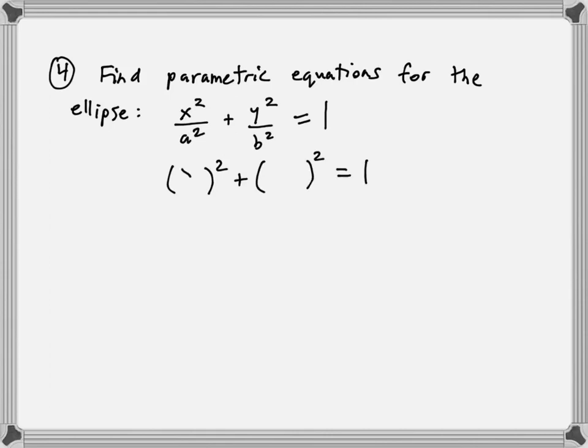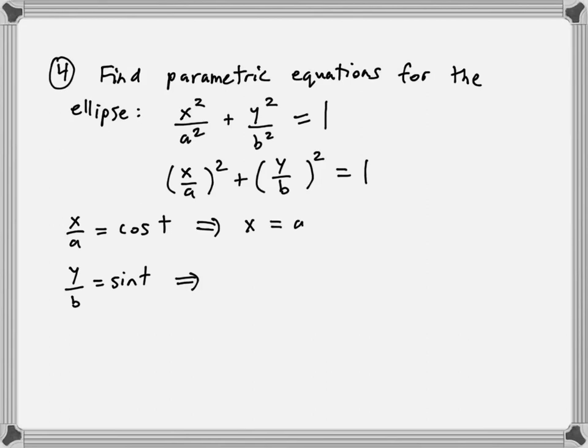In the first one, it's x over a, and in the second one, it's y over b. So it makes sense to let x over a be, this time instead of theta, I'm going to use t. If x over a is equal to cos t, and if y over b is equal to sine t. What does this give us?